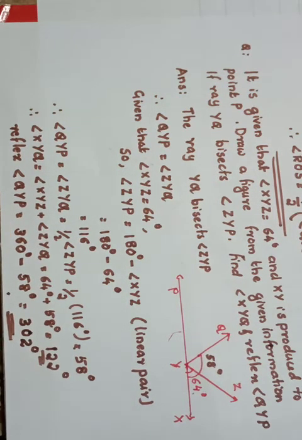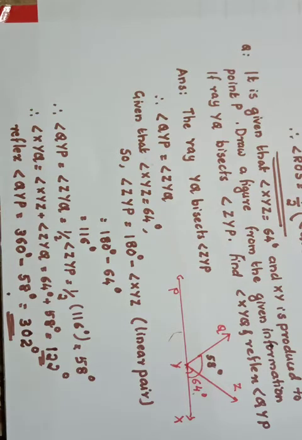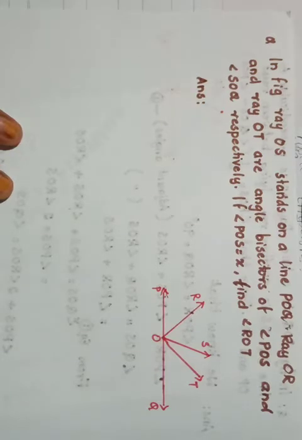Okay, so we got both the angles. By this we finished the exercise questions from that chapter, but I want to explain 2 more textbook solved questions. Now we are doing textbook solved example 2.